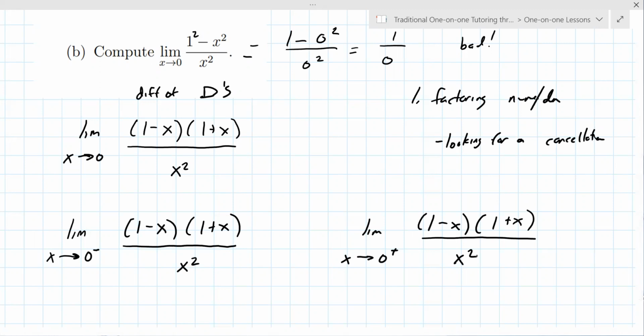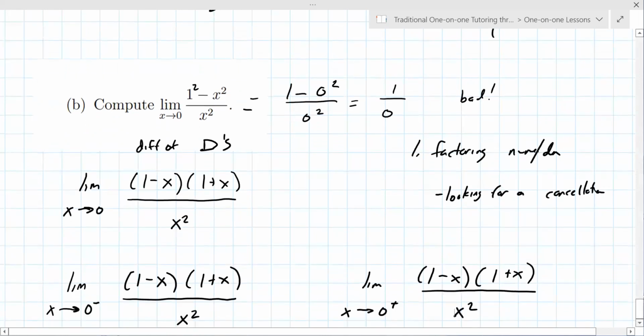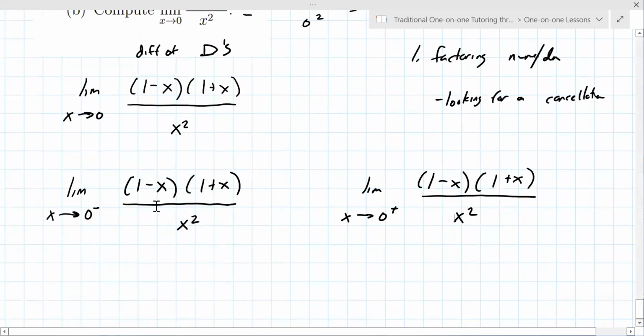When we got an indeterminate form, it was one that had a cancellation. This one's not an indeterminate form. It's a vertical asymptote, so it's not quite the same. That's why I wonder if this is a mistake. But we can still do it. This is a much harder problem than I think it was intended.